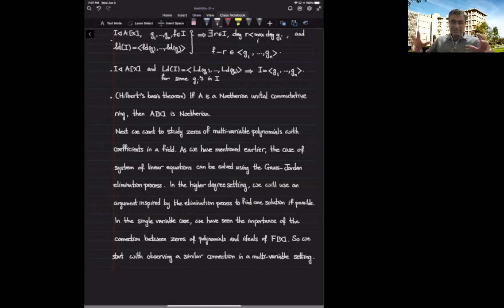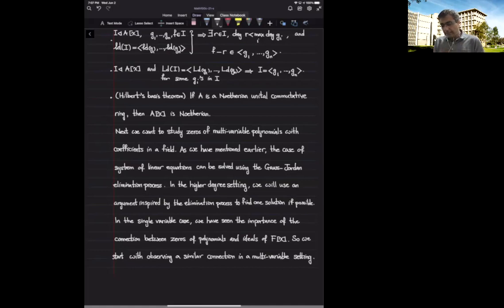Whenever I give you a system of equations with coefficients inside a field, we try to eliminate the last variable x sub n, and then use the smaller number of variables and repeat this process in order to solve the system of polynomial equations.